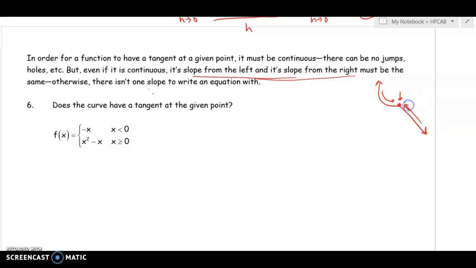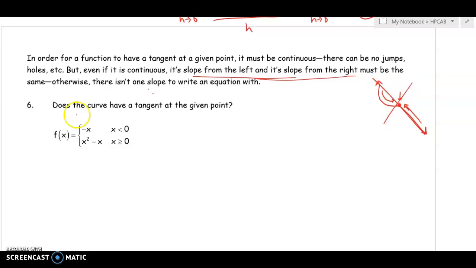You can see these definitely have different slopes on either side of that point, so it would not work out. They have to have the same slope from the left as from the right. From the left it's negative, and from the right you're going up, that's positive. Definitely different slopes. If that's the case, then there won't be an equation for a tangent at that point.